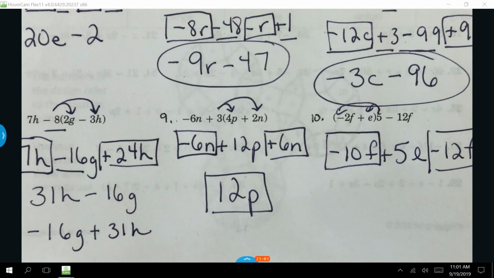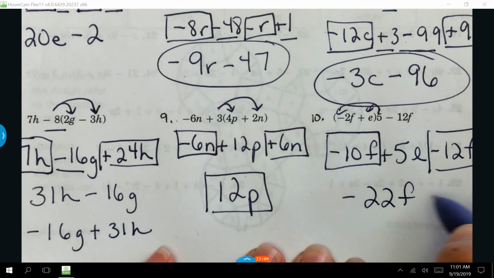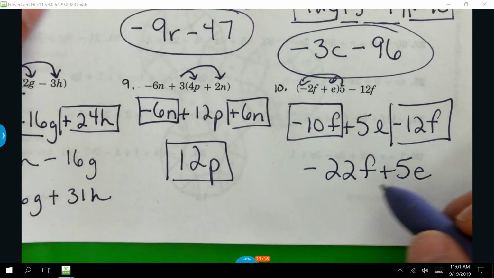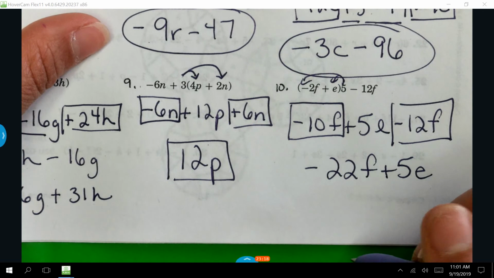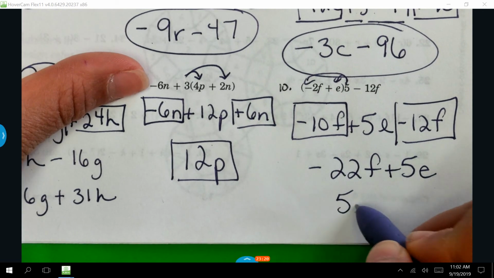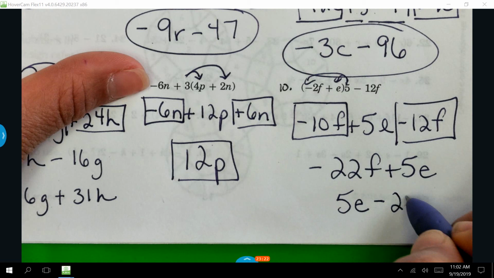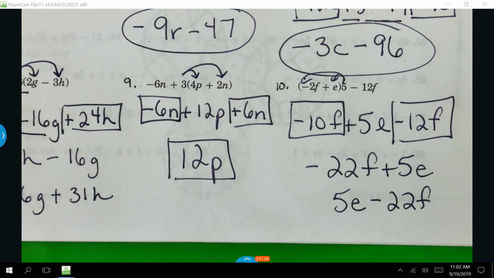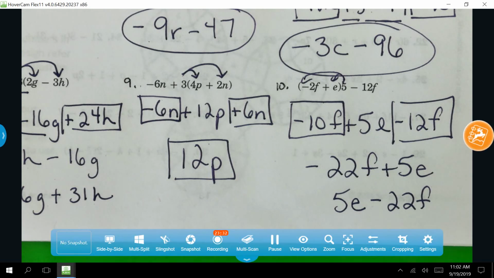And what do we end up with? -22f plus 5e. And what's another way I could write that? 5e plus -22f, or 5e minus 22f. Same thing, but we want this as simplified as possible. All right? Any questions?